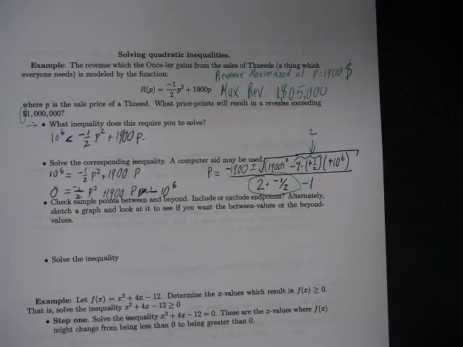So it'll be negative 1900 plus or minus, let's do the plus one first, the square root of 1900 squared minus 2 times 10 to the 6th. And apparently that's like 621. I guess I'm putting dollar signs next to my things as units.